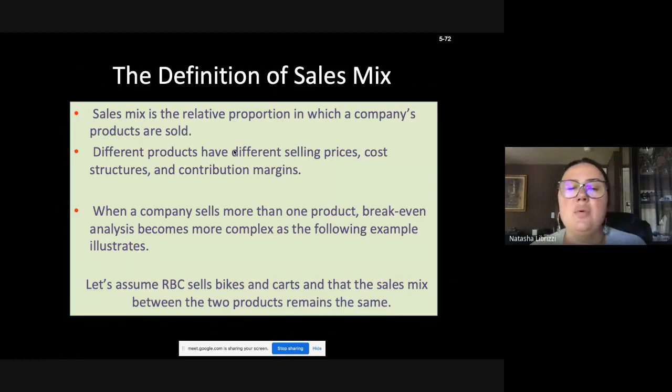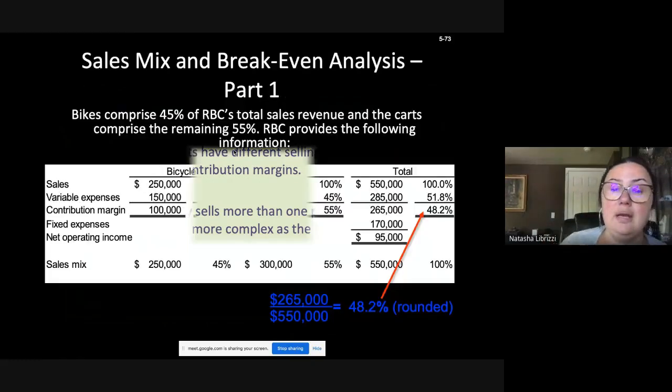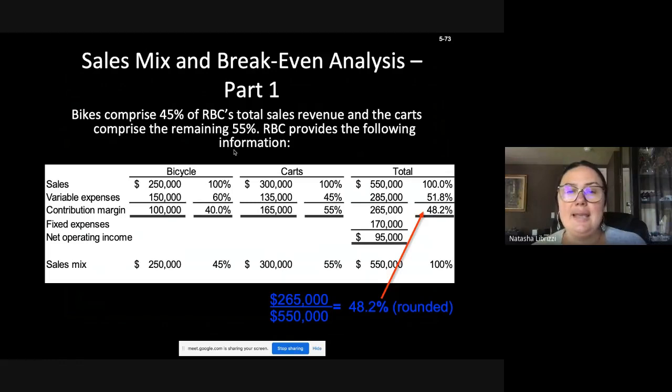When a company sells more than one product, break-even analysis becomes more complex, and we're going to look at a bikes example to see how to calculate that. In this case, we have a bicycle and cart, and we've been just looking at bicycles, but now we have carts also. So we have $300,000 of carts, variable cost of $135,000, and contribution margin of $165,000. If we look at overall, you can see the relationship here.